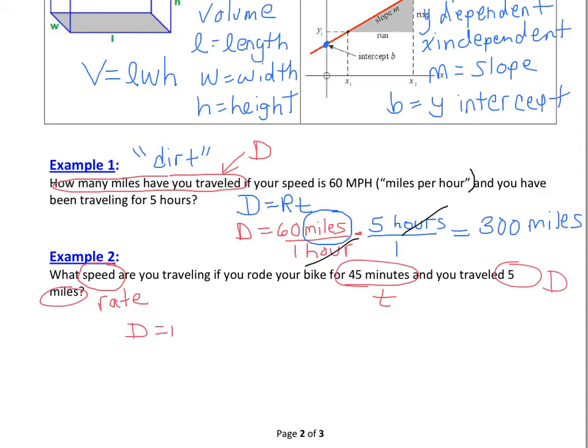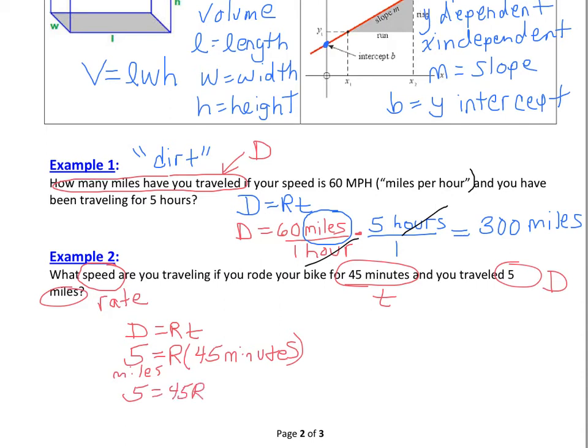Distance equals rate times time. We know that our distance we're going to substitute is 5. And we're being asked for the speed, the rate. So we're solving for r, and we've been traveling for 45 minutes. Again, use units, and I should have put miles here. All right, so this is 5 equals 45r.